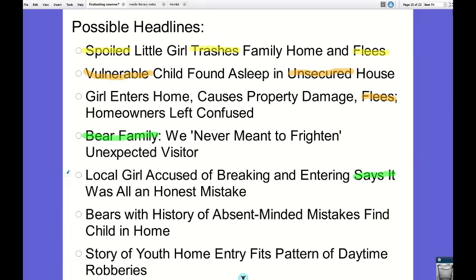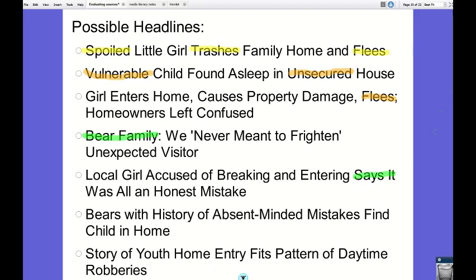Both of those, the language is fairly neutral, but the fact that each one is focusing on the response of one of the parties might make you think like, oh, well, they're focusing more on the girl and how she didn't mean any of this. That might exclude the damage that was done to the bears and the sanctity of their home or something.